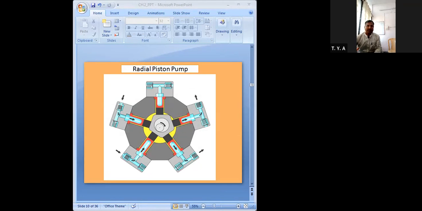You can see for each and every piston we have this valve, and through this valve you will get the fluid inside. You can see the direction also. For this one and this one, you will get the fluid inside. It will take it in, and then it goes outside, that means it exits from the cylinder. So you can realize the working of this radial piston pump.